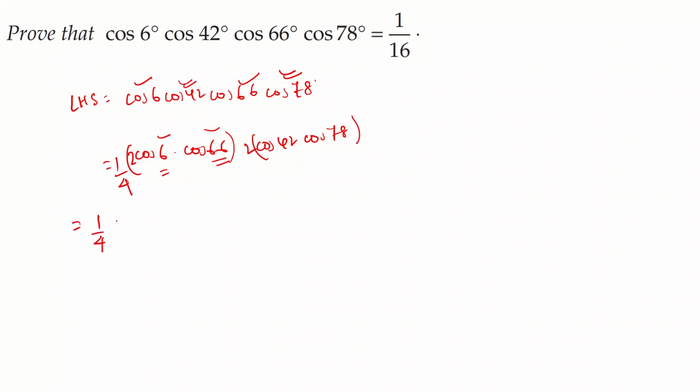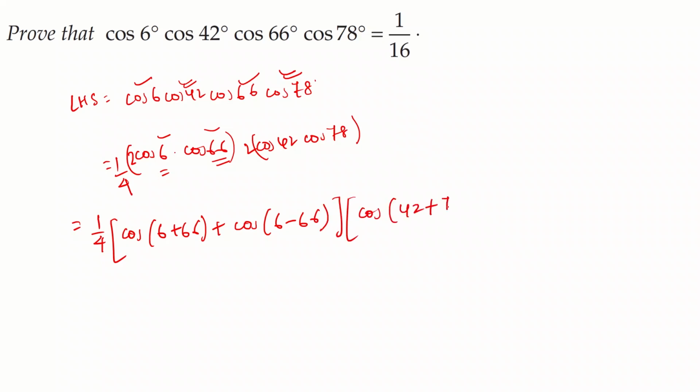So now we know the formula: 2 cos A cos B is cos (A plus B) plus cos (A minus B), and similarly over here. This is the formula.